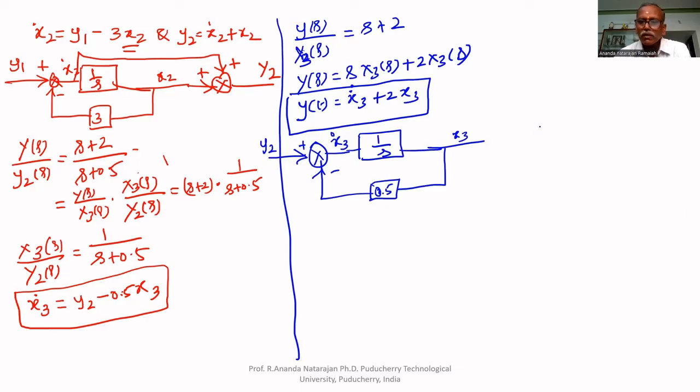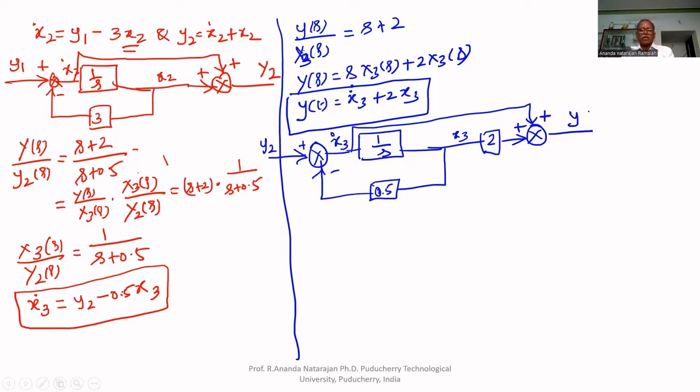So what is y? y is the sum of 2x3 and x3 dot. That's all. If you cascade all these three together, you will get the cascade form of realization.